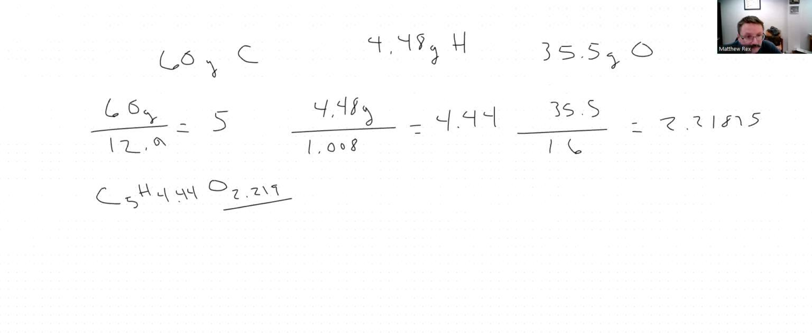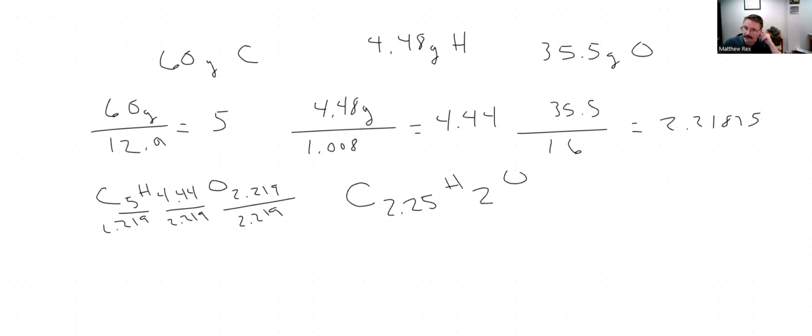Fastest way is to divide them by the smallest number here. So divide all of them by the 2.219. And for carbon now we get 2.25. For hydrogen, pretty much 2. And for oxygen, 1.